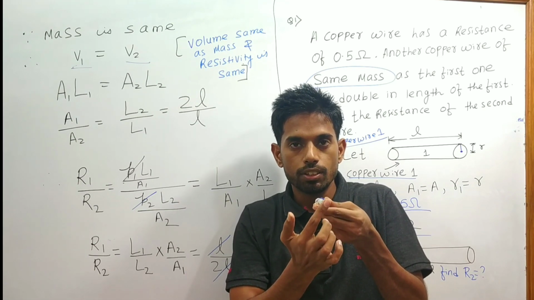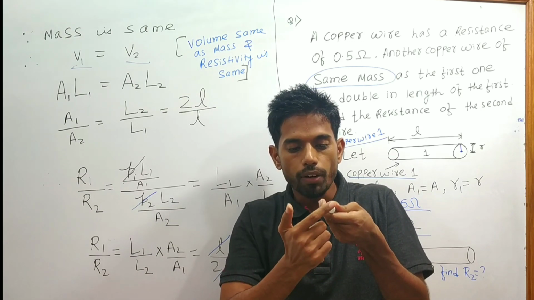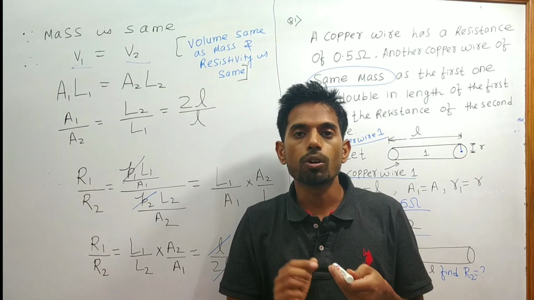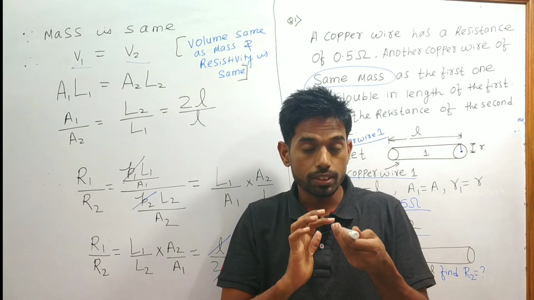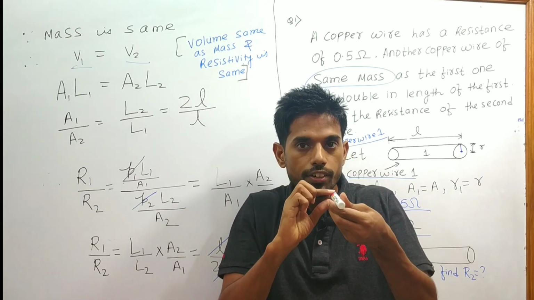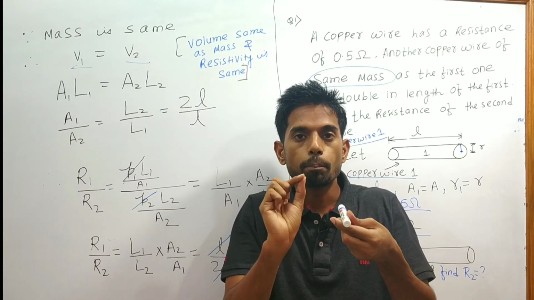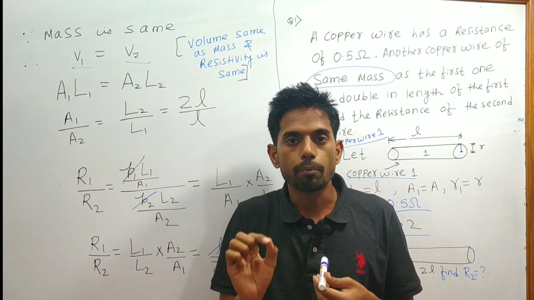If you cut here, you will find one area, that area is called cross sectional area. And the formula for cross sectional area for a cylindrical shape object is pi by 4 d square, where d is diameter.